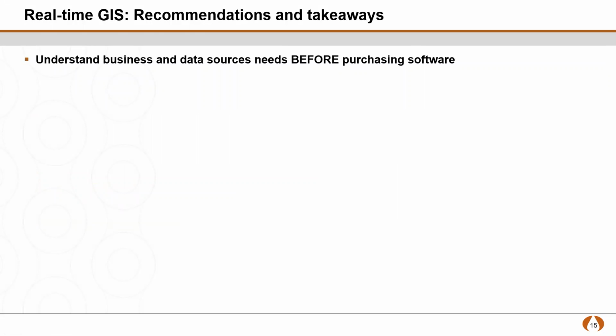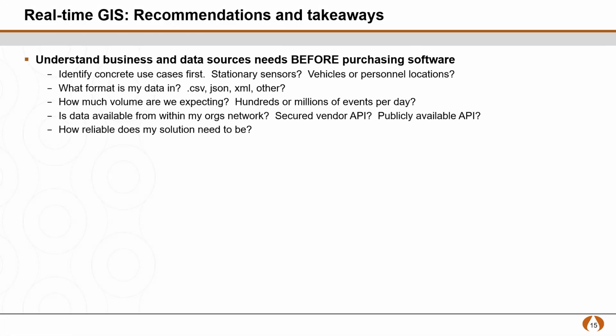So a few takeaways that I would recommend for you all, if you're looking to implement real-time GIS at your organization: really understand your business needs and data sources before purchasing software. Identify concrete use cases, look at the data, what format is it, what volume are we expecting, is the data coming from within my organization's network, from the cloud, and how reliable does it need to be?